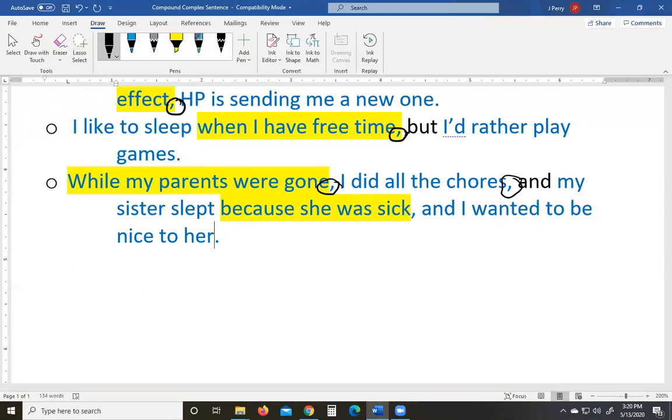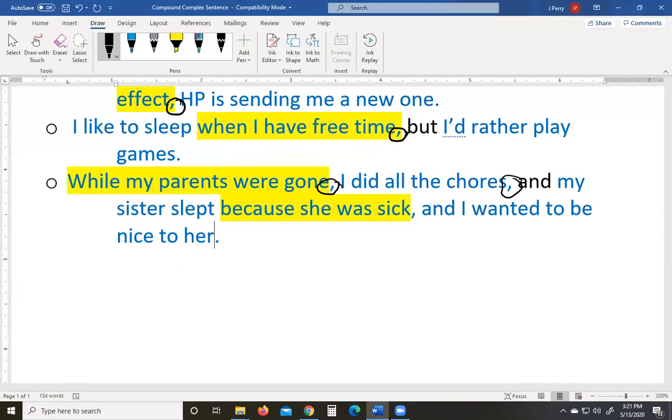And I wanted to be nice to her, but I probably wouldn't go beyond this. Don't do more than three independent clauses and two dependent clauses in one sentence. It gets wordy and awkward and creates a totally different run-on sentence. The one we usually think of is the one that goes on and on. So this one is: While my parents were gone, I did all the chores and my sister slept because she was sick and I wanted to be nice to her.